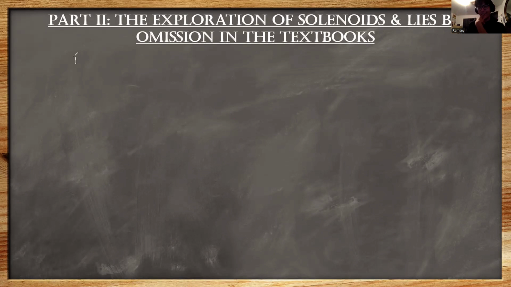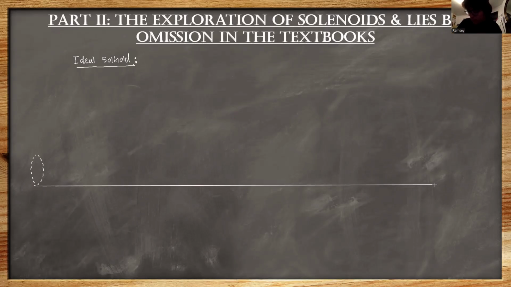But your question was about an ideal solenoid. And in reality, and they'll never say this in the textbook, but to have a true ideal solenoid, you need two things. First thing you need is a cylinder that is infinitely long. So we've got this infinitely long cylinder. It goes to infinity on either end.